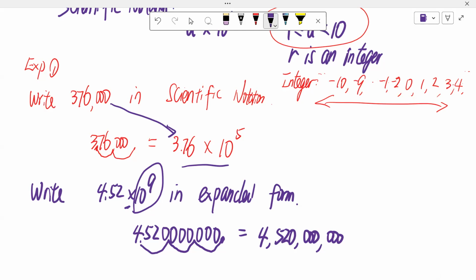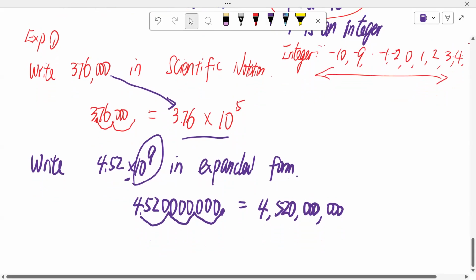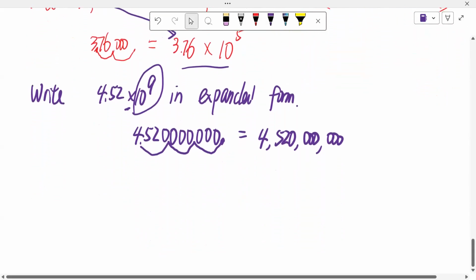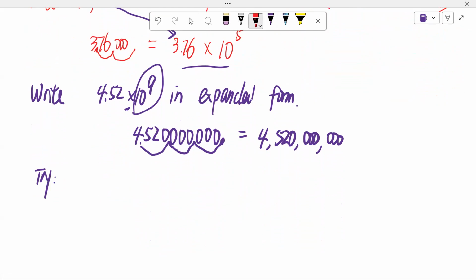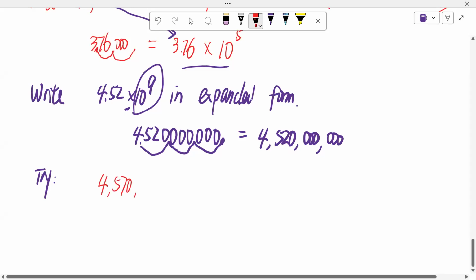Okay. Any question about this? Okay. Now, next thing, you guys try this. We turn this 4,745,700,000 into scientific notation.